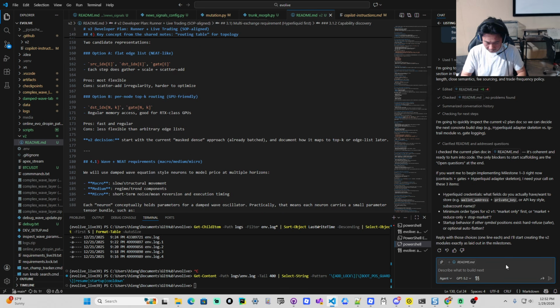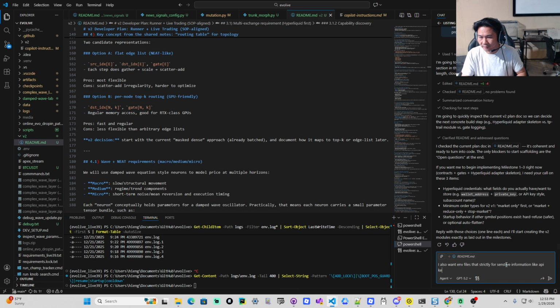So for example, I also want env files strictly for sensitive information, like API keys.